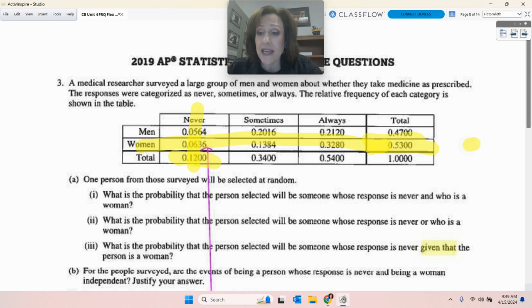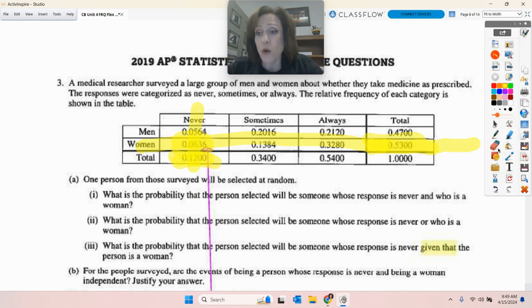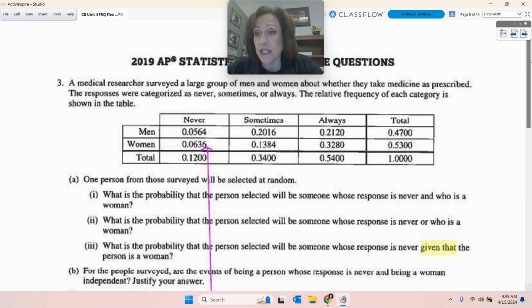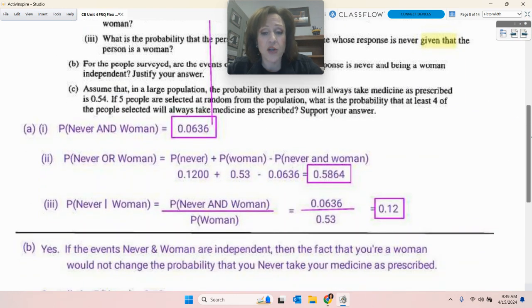But if I add together 0.53 plus 0.12, then you can see this piece right here of never women got double counted. So then that's why we have to take that away. So we can add their totals and then take away the part that got double counted. That's another way of showing your work on here. Take the total, subtract the part that got double counted, and then there you go.